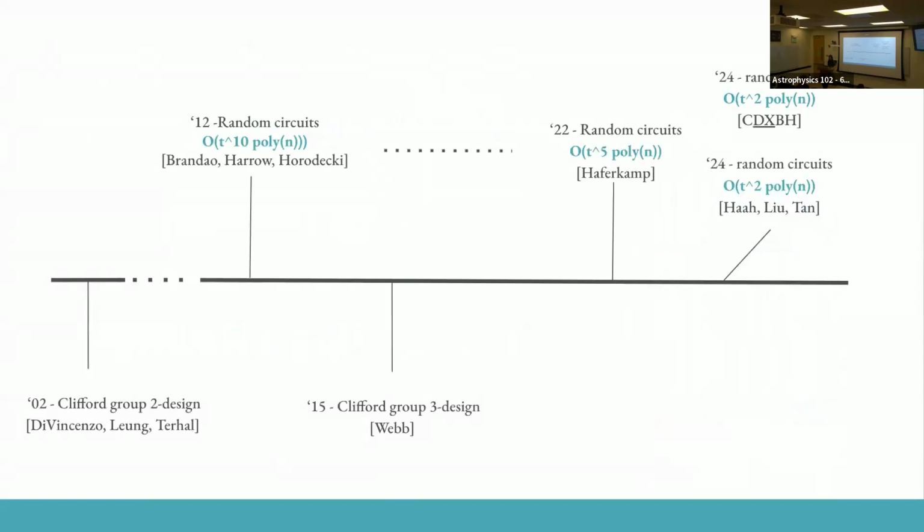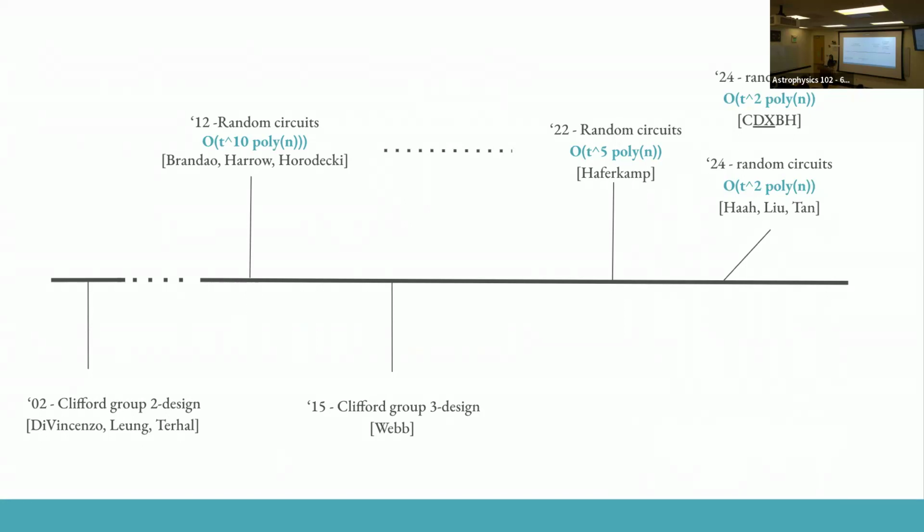And okay, so then we get to this year, and a lot has happened this year, and this is what we'll be talking about. First, in February, one of the papers from our collaboration, as well as the paper from Haah and Tan, established an O-tilde of t squared.